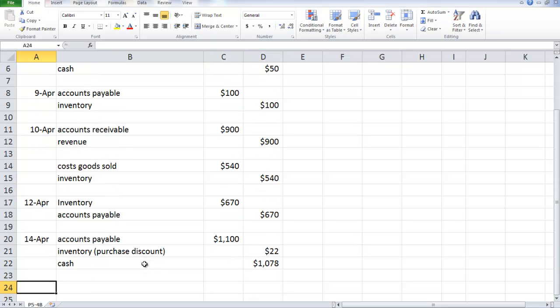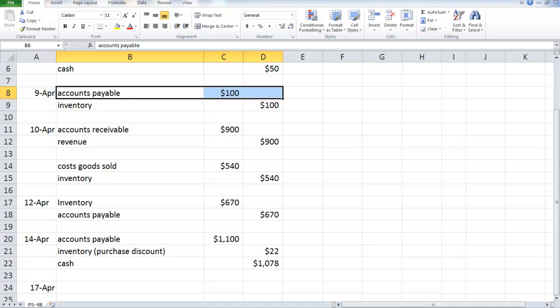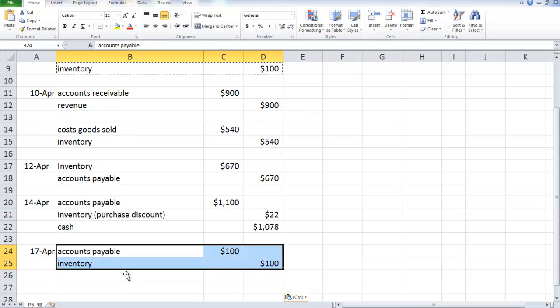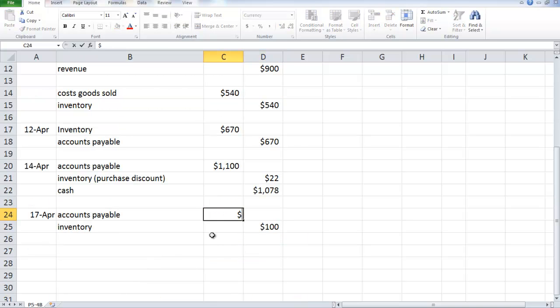Okay. Then on April 17th, it says they received a credit from Lightning Sportswear for merchandise returned for $70. Okay. So again, we have the same transaction that we do on April 9th, except in this case, it is $70 of merchandise that they returned.